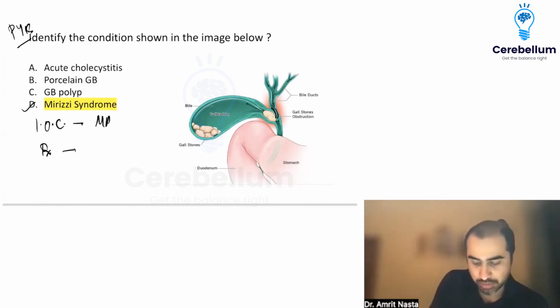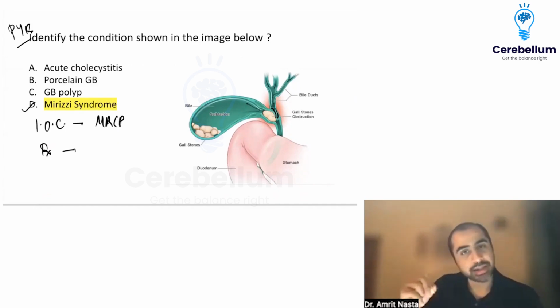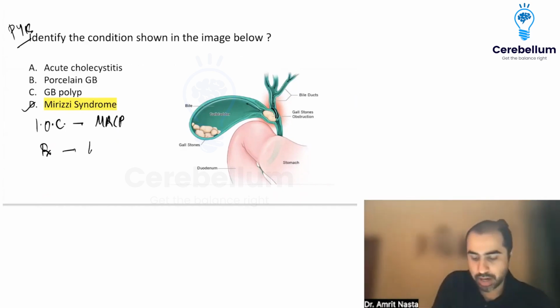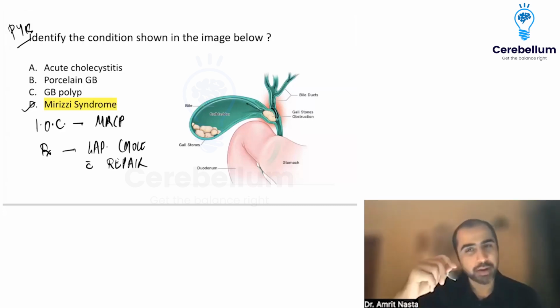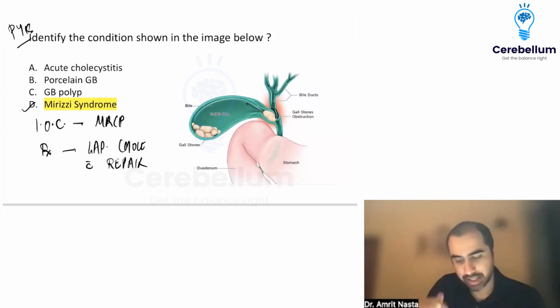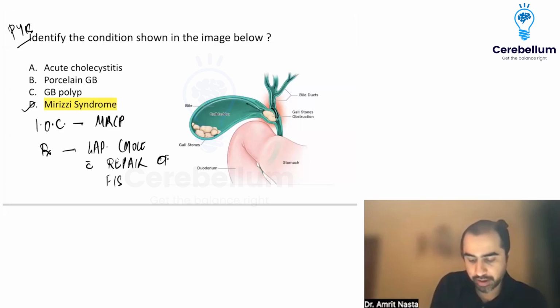It is MRCP. ERCP is used when I know the diagnosis, and treatment is going to be lap chole or cholecystectomy. But if there is an injury, that has to be repaired. Maybe there will be a hole in the common hepatic duct, that has to be repaired, with repair of fistula if there is any.